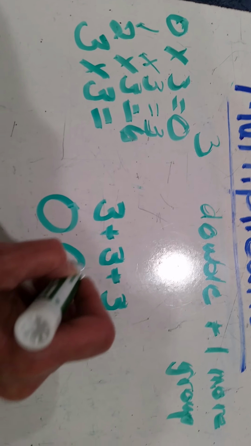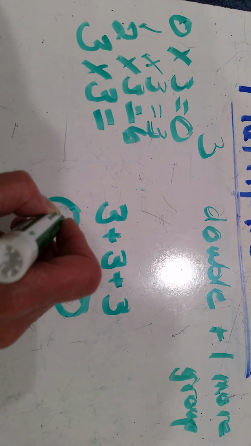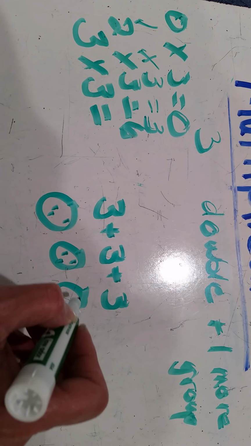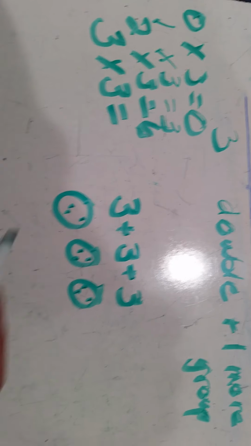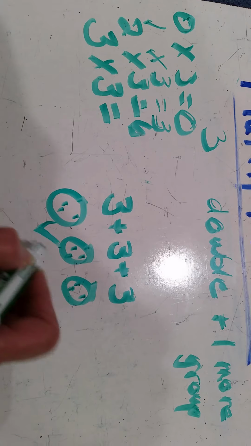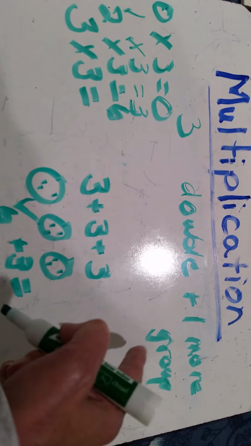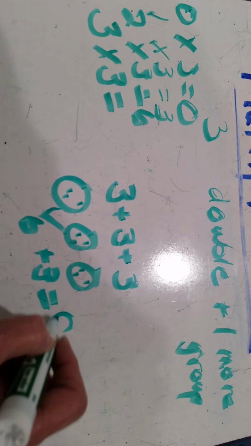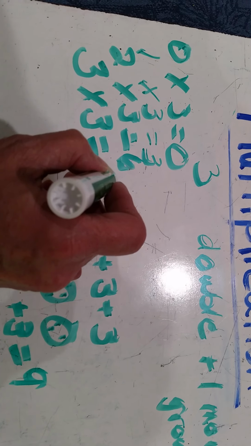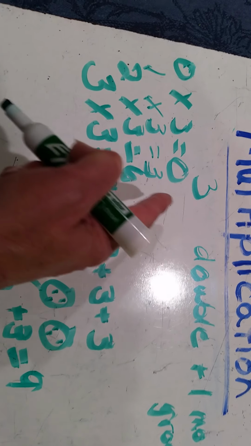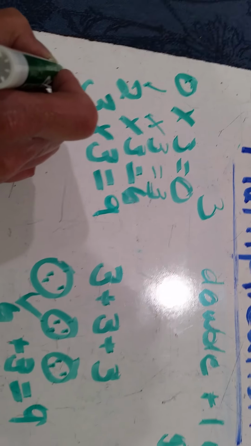Or we can draw 3 groups of 1, 2, 3, 1, 2, 3, 1, 2, 3. Okay? 3 plus 3 we know is 6, plus one more group of 3, and that equals 9. And you notice every time we add another number, we add a 3 to it.